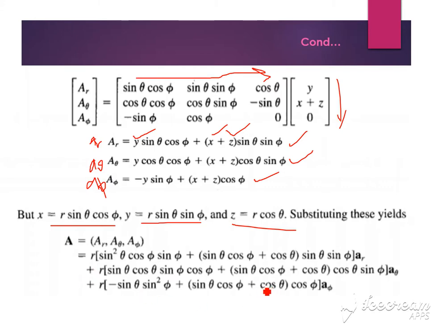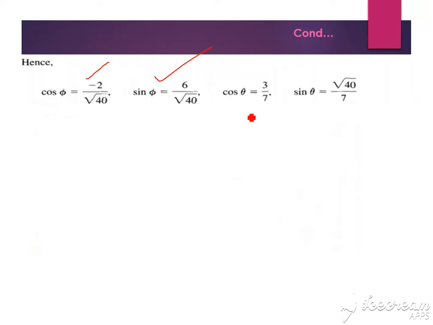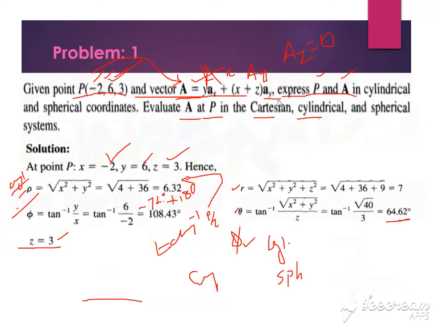So now the next step is we need to convert all the values. From the right angle triangle we already found these two values, and here we can find the theta value. From the point conversion itself we found the theta value.